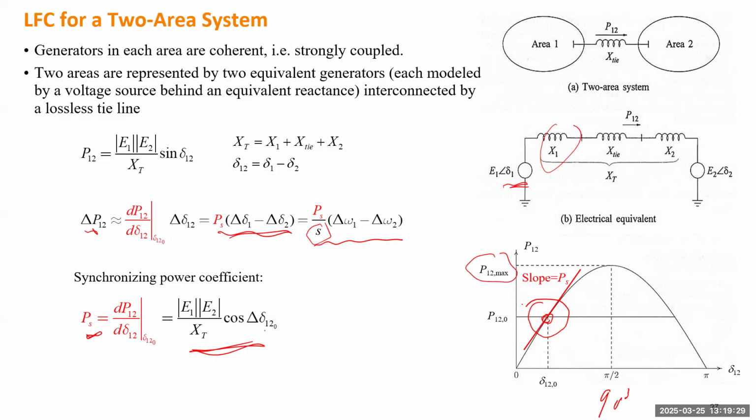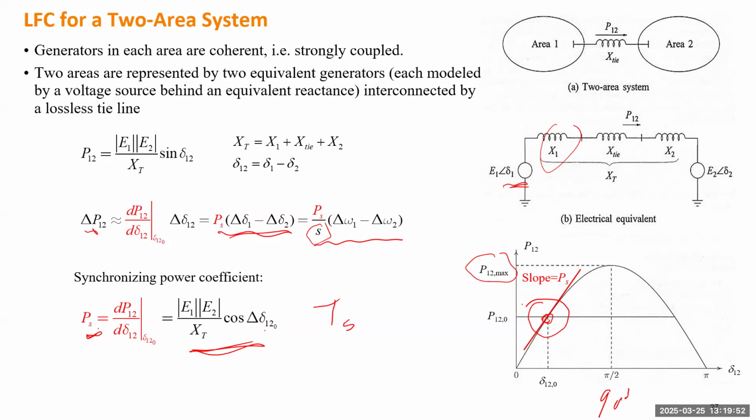But remember, if we use every variable in per unit, power is the same as torque. So another name for this one is synchronizing torque coefficient. And basically it depends on whether we need power or torque, whichever is more convenient for our analysis.